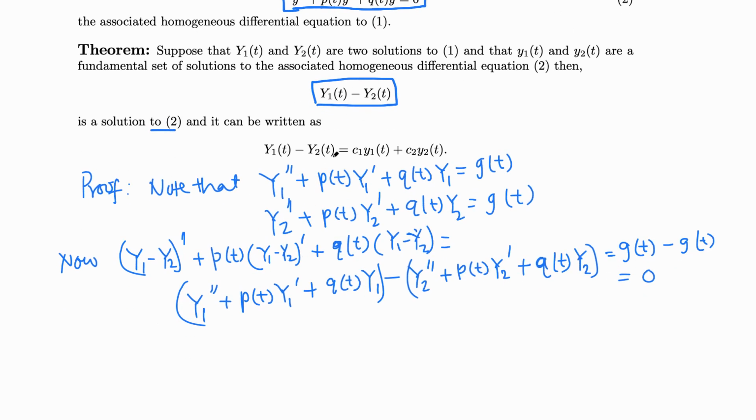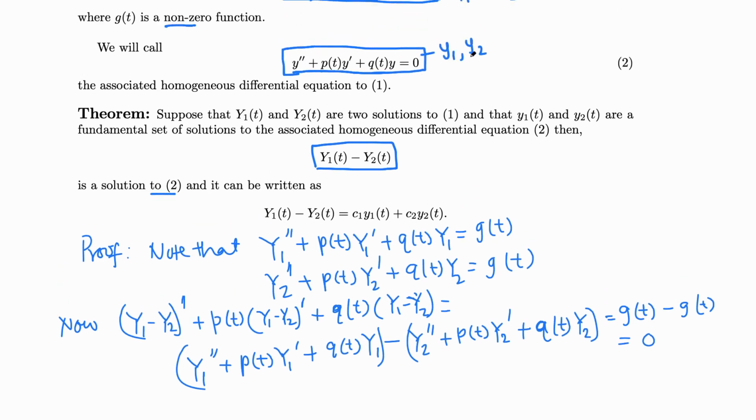And since little y1 and y2 form a fundamental set of solutions to equation 2, any solution of this equation is a linear combination of y1 and y2. That means this solution, Y1 minus Y2, can be written as c1 y1 plus c2 y2.